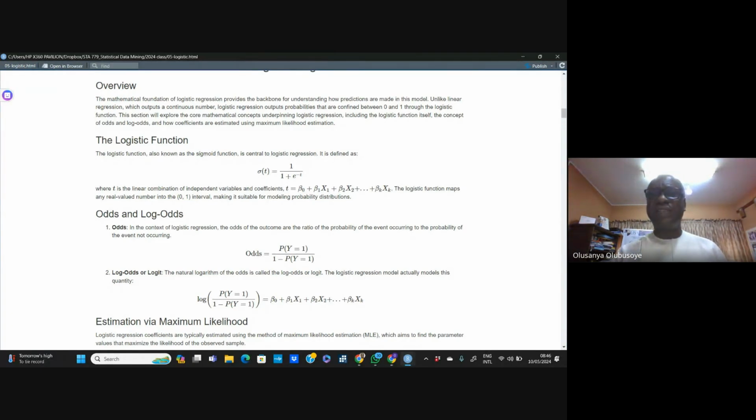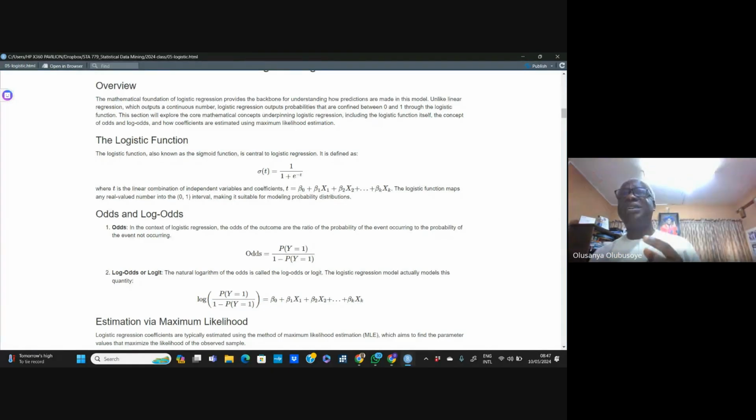That logistic function, sigma t equals 1 over 1 plus e to the minus t, maps any real-valued number to a number that lies between 0 and 1, making it easy for modeling probability distributions.